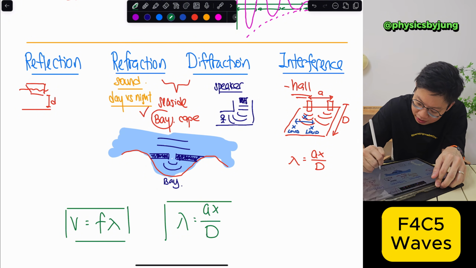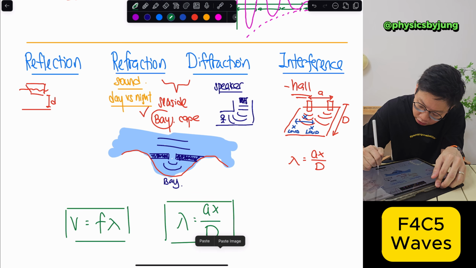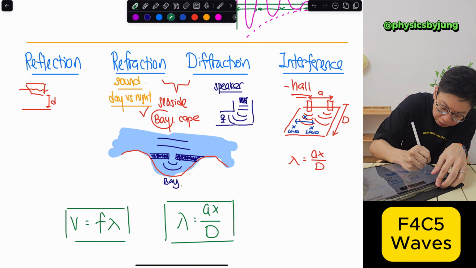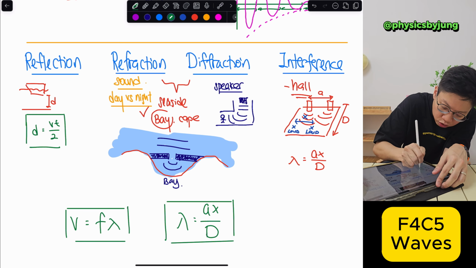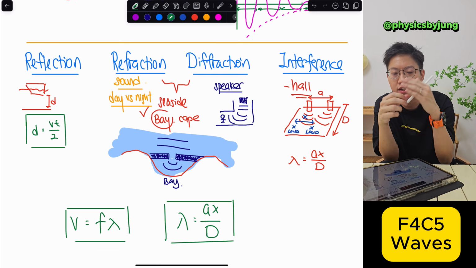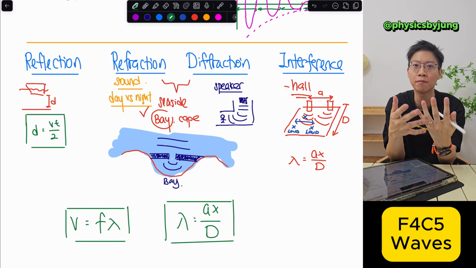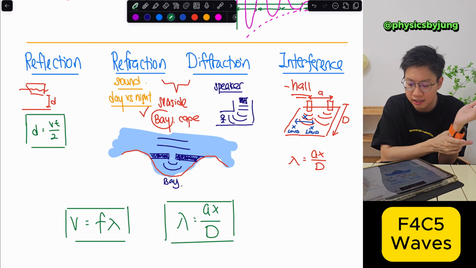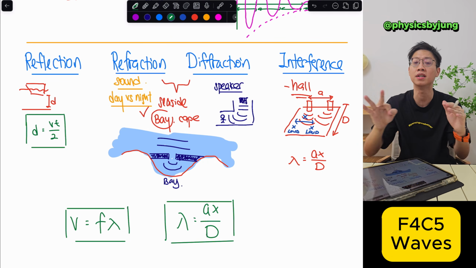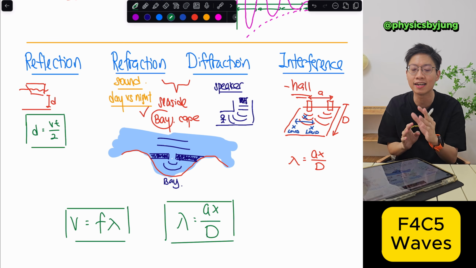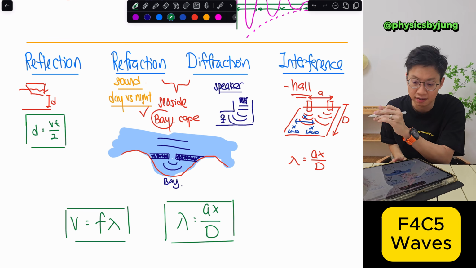But sometimes some people use an additional formula in reflection, whereby the distance equals vt over 2. Some of my own students do not use this formula because they feel calculating the depth of the sea is just common sense. But if yes, you will see that there's a total of three formulas in the whole four phenomena.